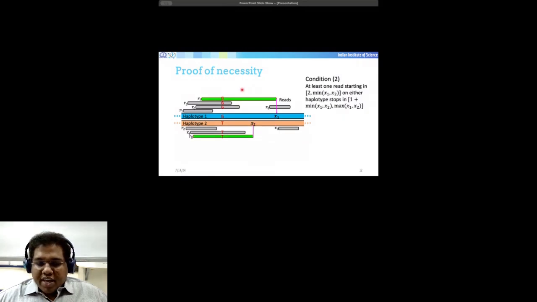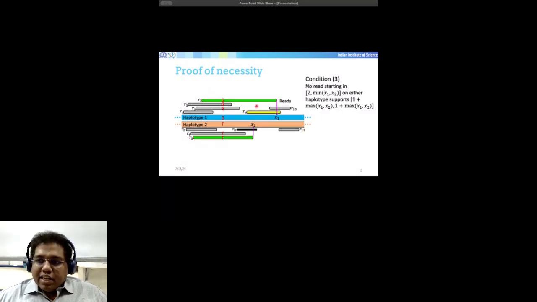For condition 2, if x1 is greater than x2, then if there is no contained read which supports both x2 and x2 plus 1, then that interval will remain unsupported both before and after the deletion of contained reads, and then there is no assembly gap. Lastly, if there is no read which starts before x2 and extends past x1, like read R9 here, the existence of read R9 will guarantee that x2, x2 plus 1 will be supported both before and after contained read deletion on both haplotypes, meaning that there won't be an assembly gap due to contained read deletion.